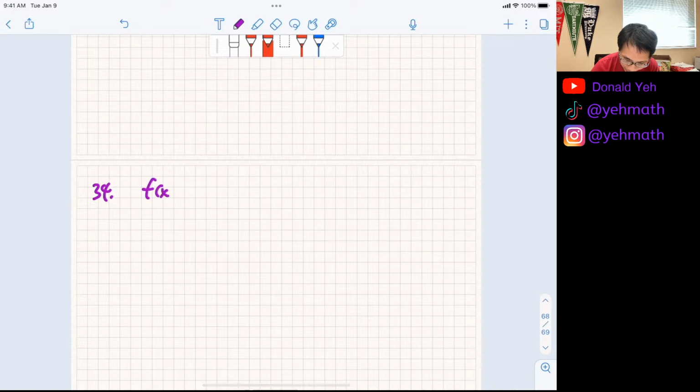34 says f of x equals 2x squared. And they also give you a line: 4x plus y plus 3 is equal to 0.